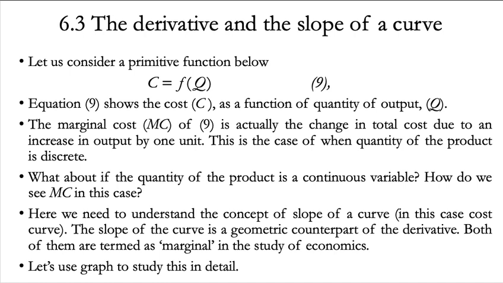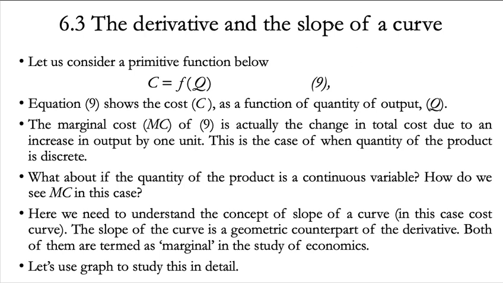Let's look at the derivative and how we can relate it with the slope of a curve. Let's say we have this expression as expression 9, C as a function of Q. C here refers to cost and Q here refers to output. And we know the basic concept of cost, the first one is marginal cost. Marginal cost is the change in total cost due to a change in output by 1 unit.